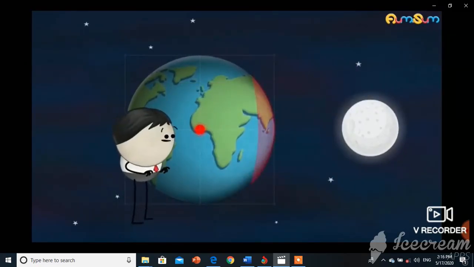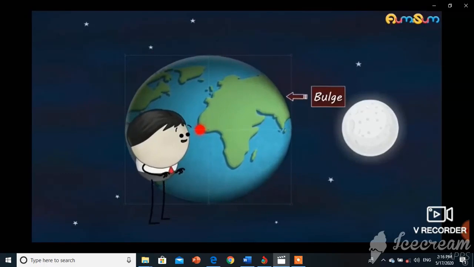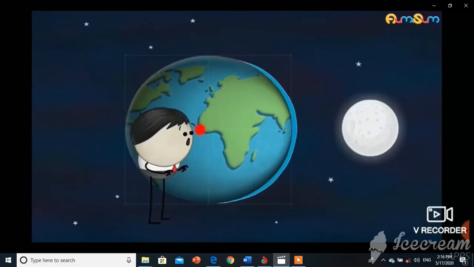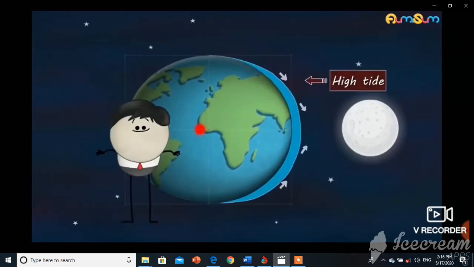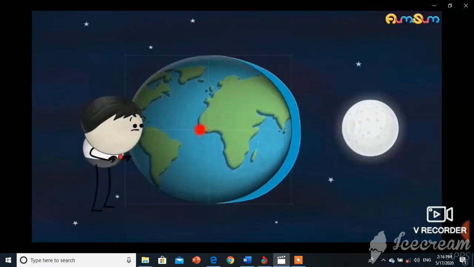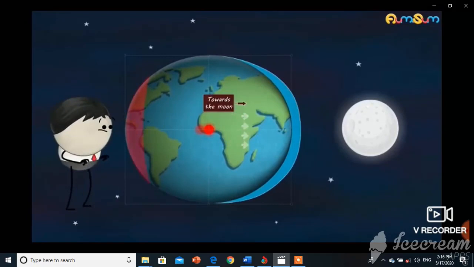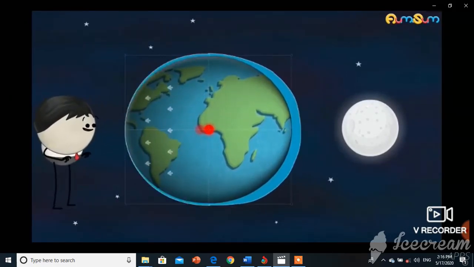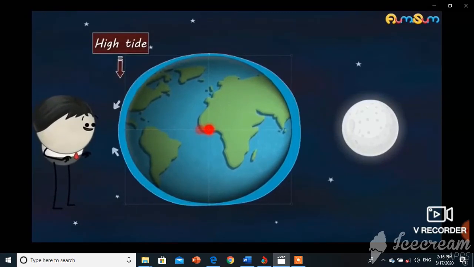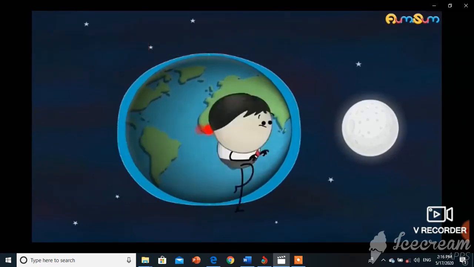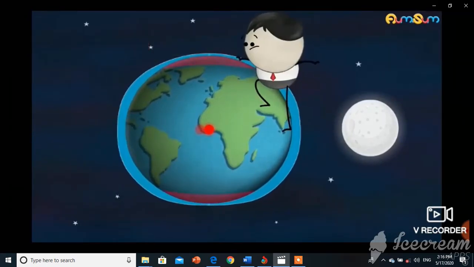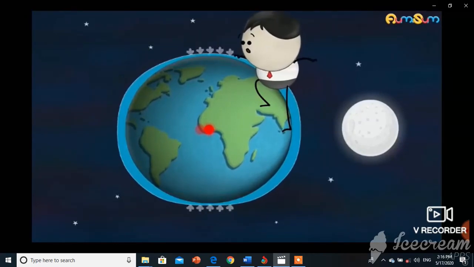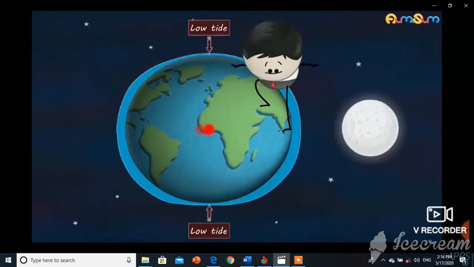So, the part facing the moon is pulled away from the center, creating a bulge and thus increasing the sea level and causing a high tide. Now, the Earth's center experiences a stronger gravitational force towards the moon than the part facing away from the moon. Hence, this part is pulled away from the center, resulting in high tide on the opposite side as well. In addition to this, the places in between the two high tides, where the sea level drops, experience low tides.